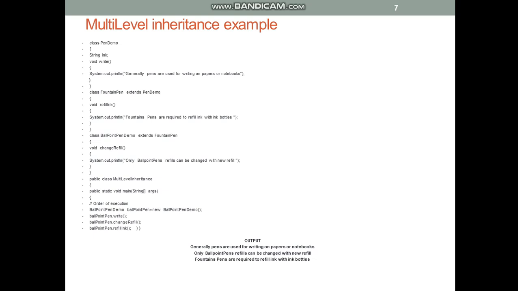Class C here can inherit from both A and B. So the write method of PenDemo is inherited by class C, as well as changeRefill of FountainPen, which is similar to class B, and also its own method, changeRefill. In the output, you can see generally pens are used for writing on papers or notebooks.